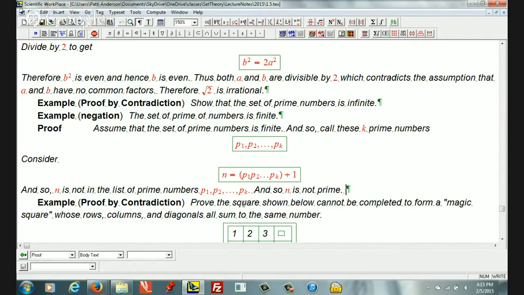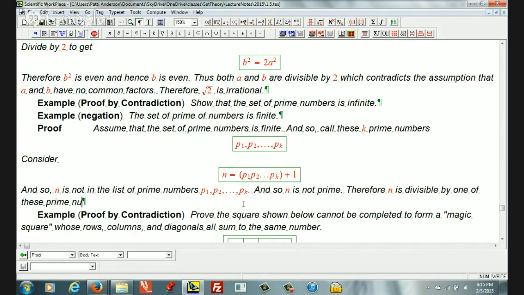Well, if N is not prime, then it has to be divisible by at least one of those prime numbers. We're going to just say Q. So Q is in that set. It's one of them. I don't know which one it is.